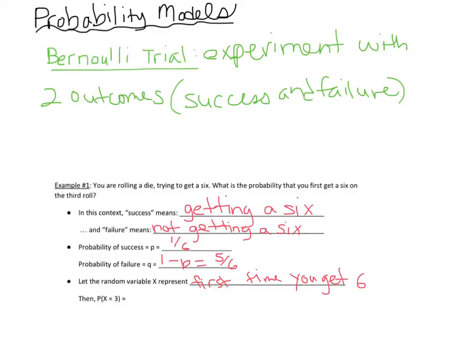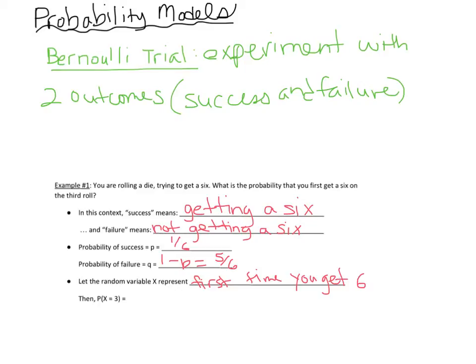This is especially important if you're taking the AP test. If you're not, don't confuse yourself too much with the notation, but it is good to know. So we write this as probability of x equals 3. What this means is the probability that the first time you get a 6 is your third attempt.